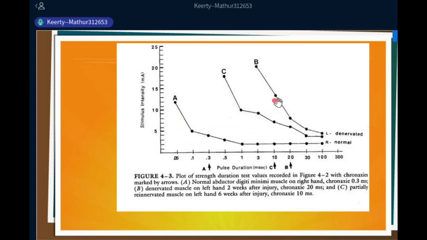And graph B is of the denervated muscle. If we give stimulus at longer durations, we'll get a response, but as we keep decreasing the duration, once we reach this point and go below this duration, we are not going to get any graph, because at this minimum duration no muscle is able to contract with such a short-duration current.